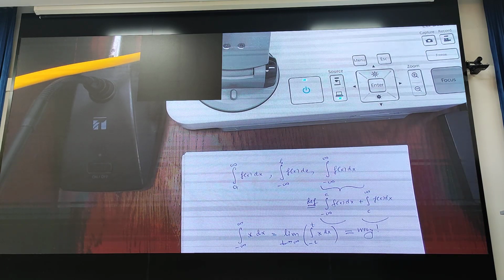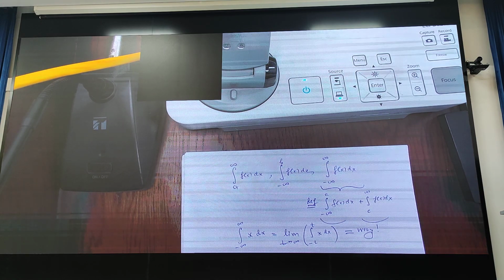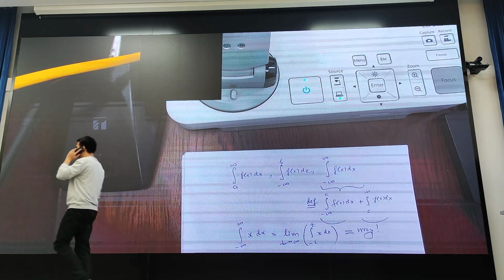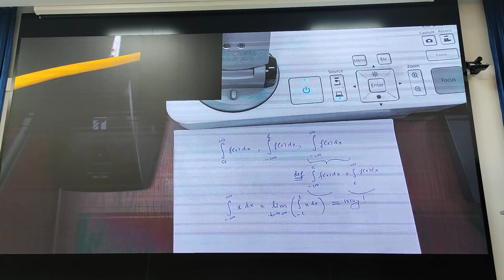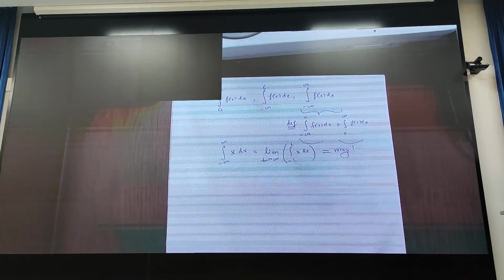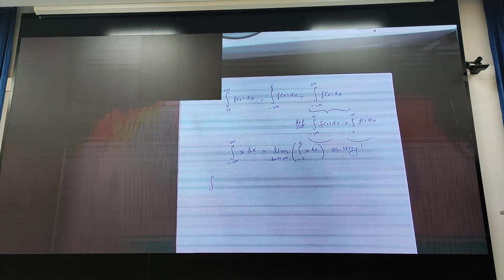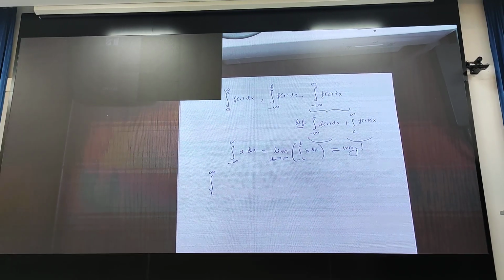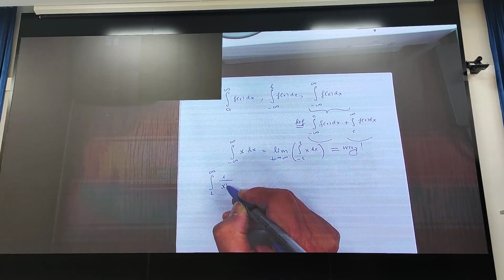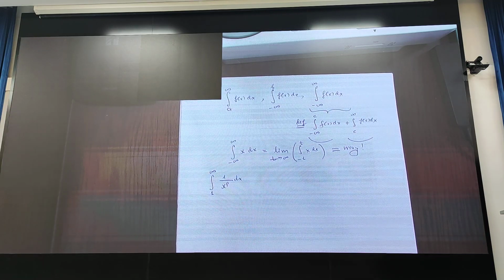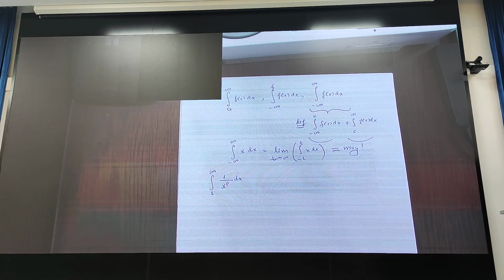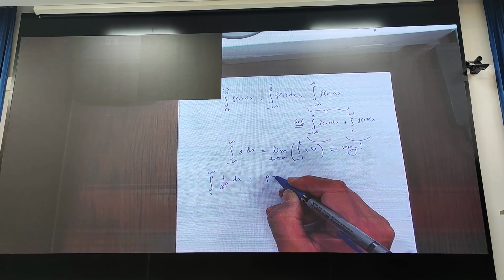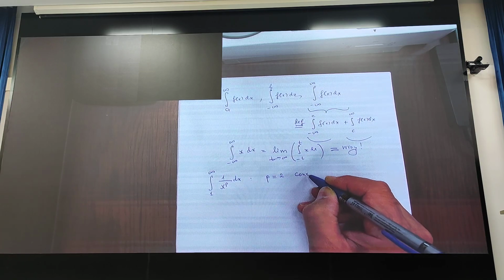And now we move to a very important and useful, so-called improper integral. So now we look at the case when we want to talk about the integral of the first kind from 1 to infinity of 1 over x^p dx. So what we already know: if p equals 2, you have convergence.